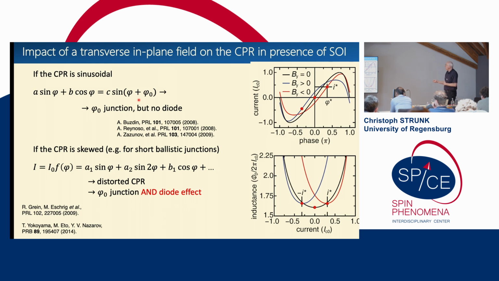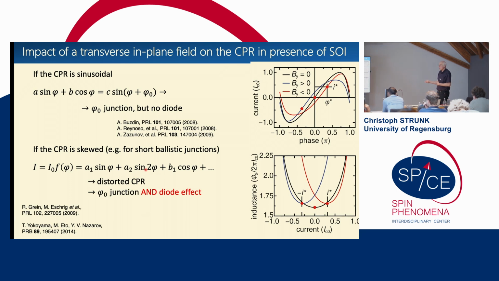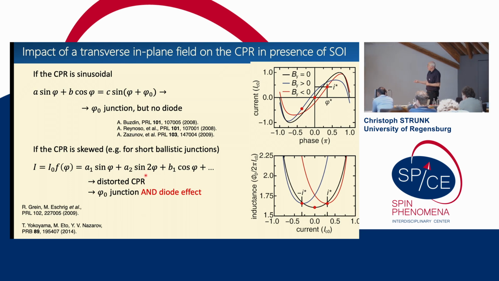But if we want the diode, we have to have a junction with higher harmonics in the current phase relation. In the simplest case, it is the interference between the sine 2 phi term and the cosine phi term, which produces a peculiar distortion.